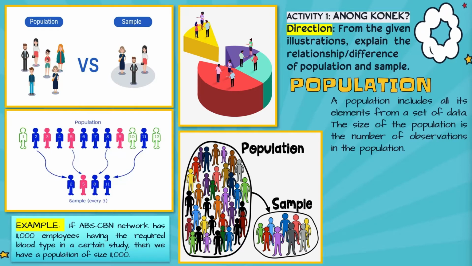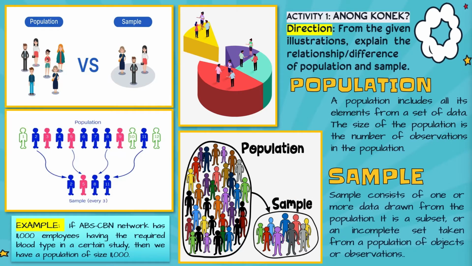Okay. While a sample, class, consists of one or more data drawn from a population. It is also a subset or an incomplete set taken from a population of objects or observations.